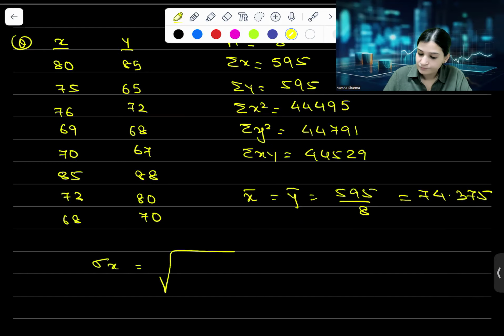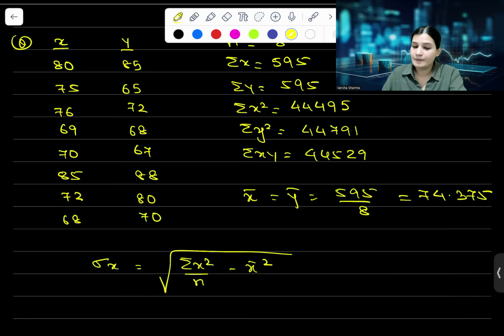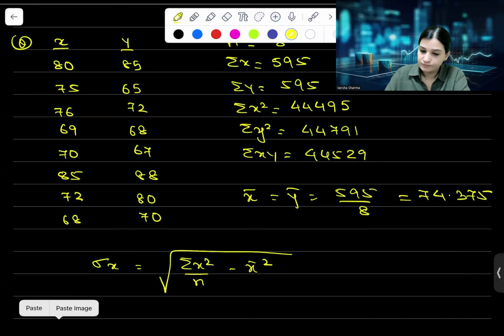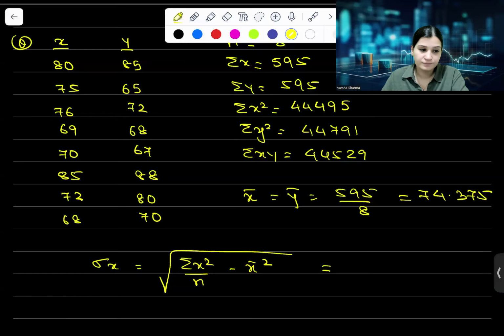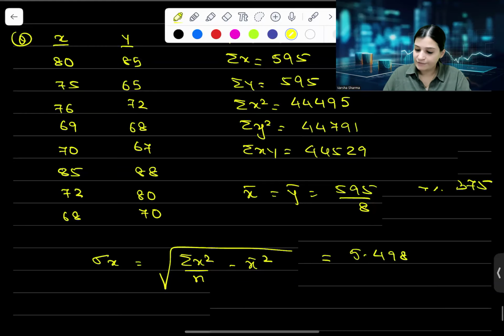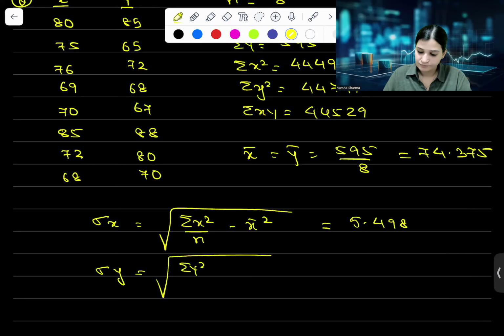Standard deviation of x: 5.498. Standard deviation of y: 8.19.